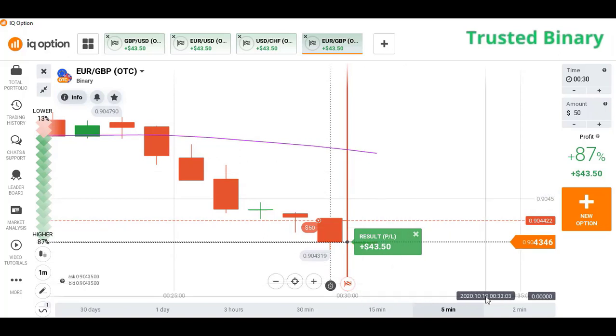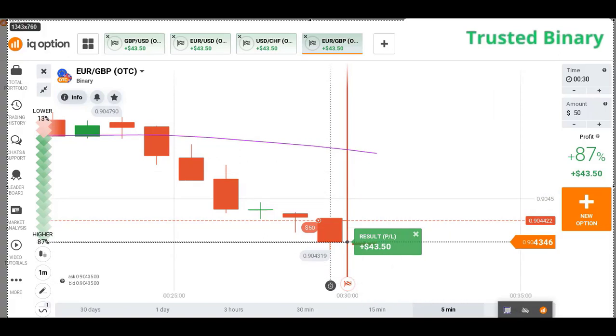I am explaining here the reason for taking the trade. So this is a strong downtrend here, and this is the only bullish candle, a doji type candle, but it's green in color. So it's just like a doji type candle, but it's not a doji.